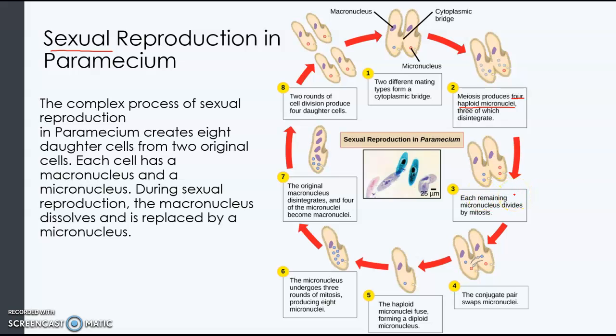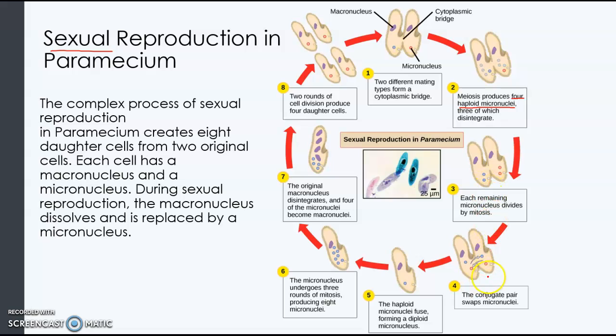I'm not going to re-record for that mistake, but I will tell you, after meiosis, 3 disintegrate, so you're left with 1. So there's 1 micronucleus left in each paramecium. And then that one divides by mitosis. So in step 3, you end up with 2 micronuclei.